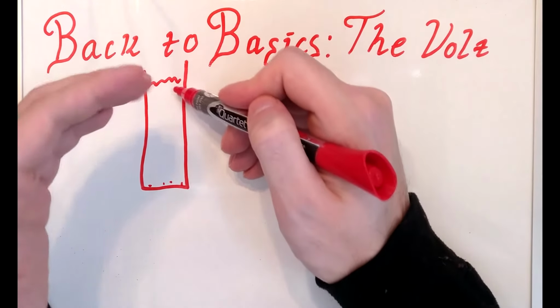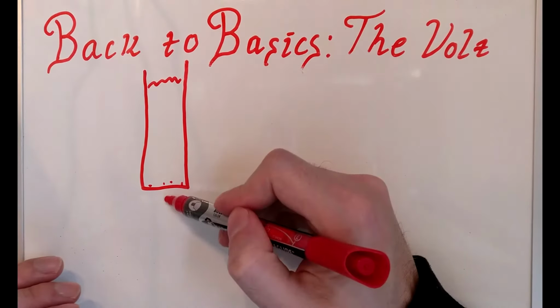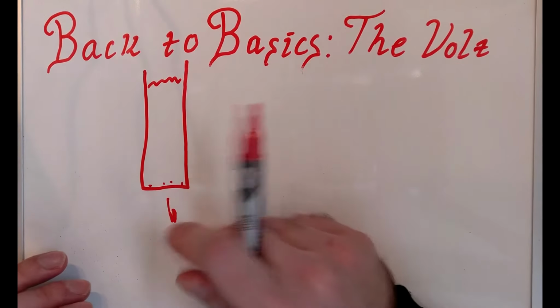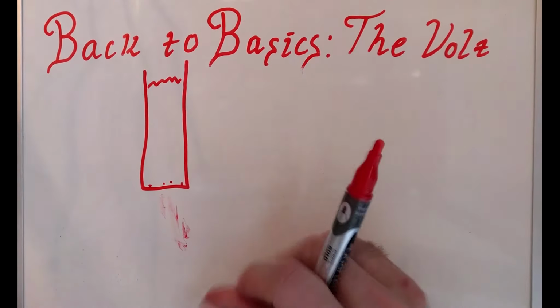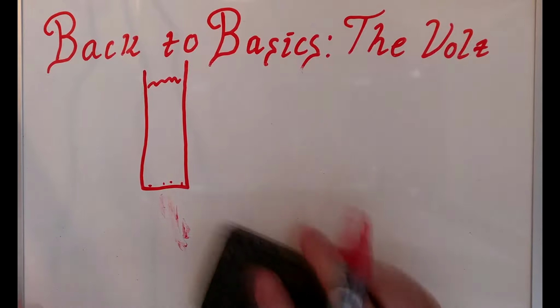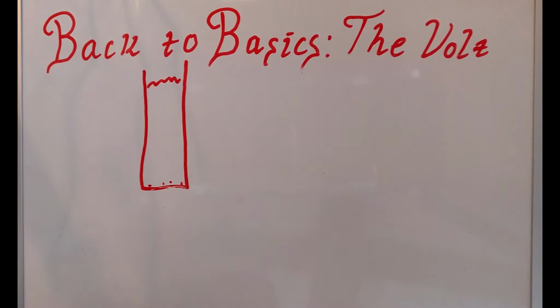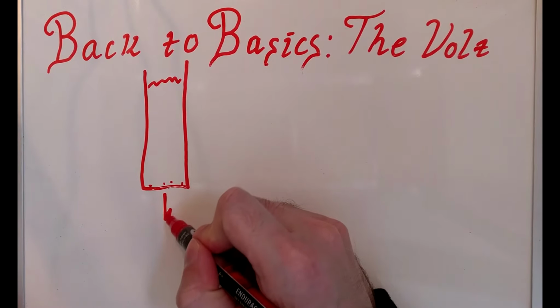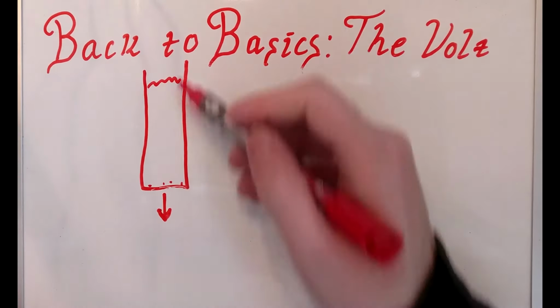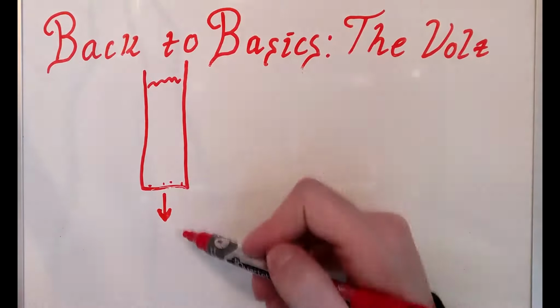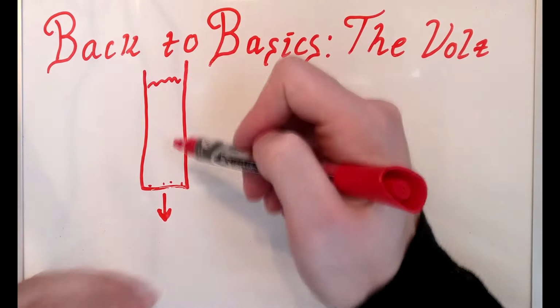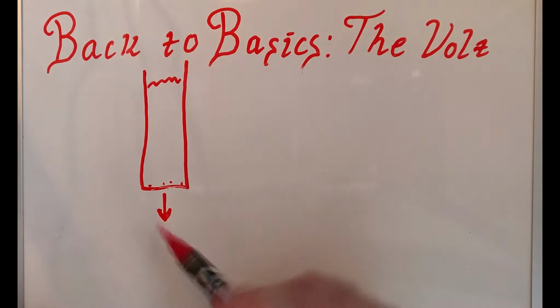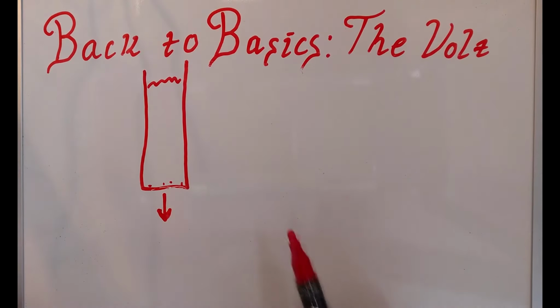The water wants to move this way. Oof, that's a really terrible arrow that I was about to draw, and I just smeared dry erase marker all over my finger and made a huge mess. Anyway, so the water wants to move this way, and the pressure that the water has, the amount of water here, how hard it wants to move from this point to that point, is the voltage.